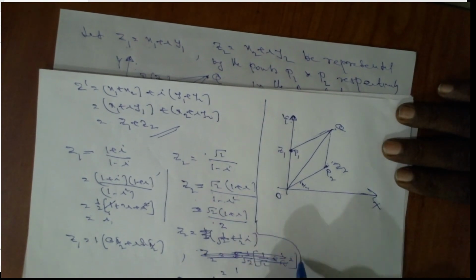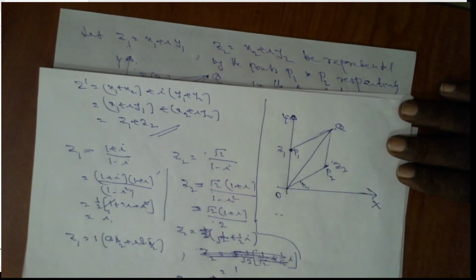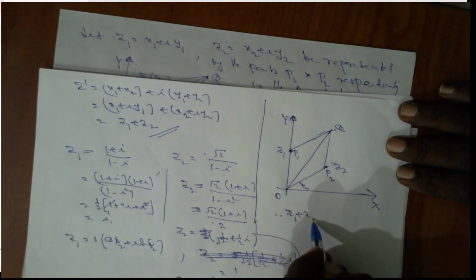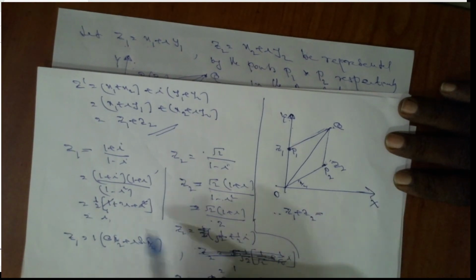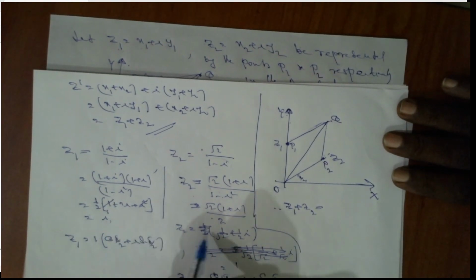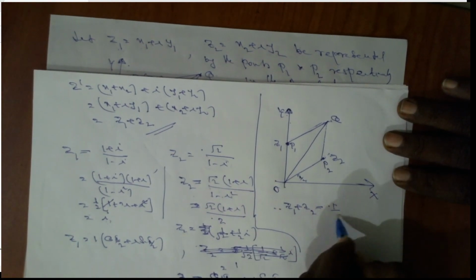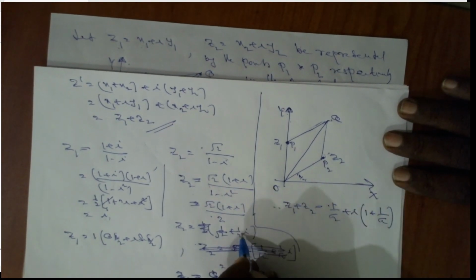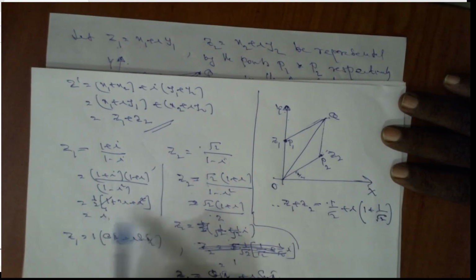Now what is C1 plus C2? It is OQ. If you simplify C1 plus C2 algebraically, you just add these two complex numbers.